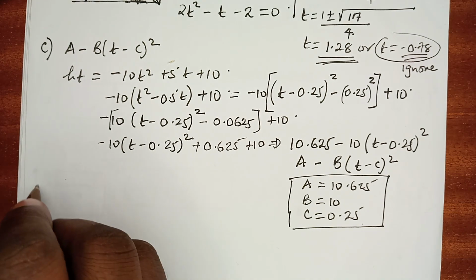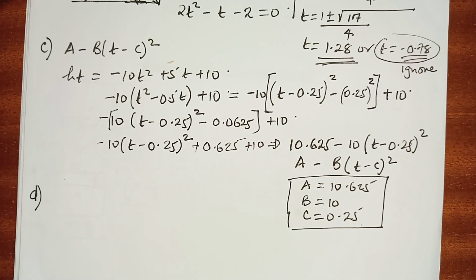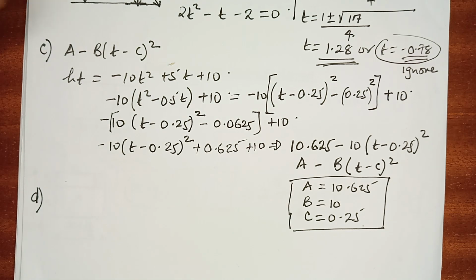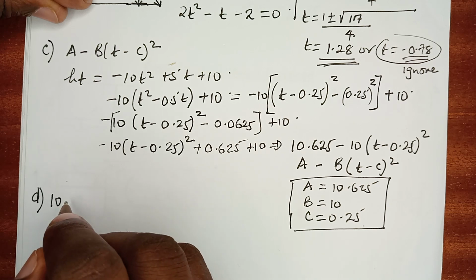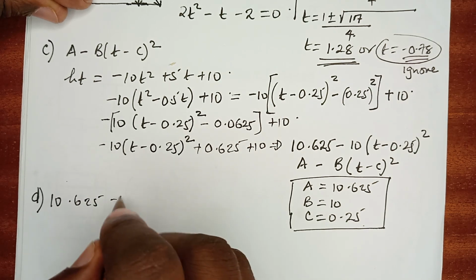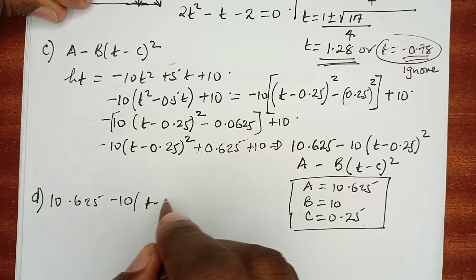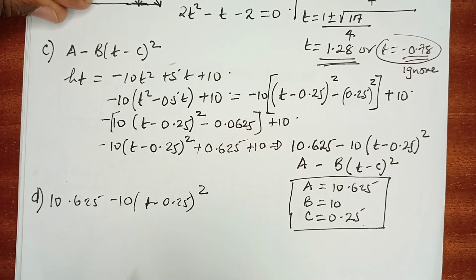This is part D. And as you can see, we have this answer, 10.625 minus 10 (t minus 0.25) squared.